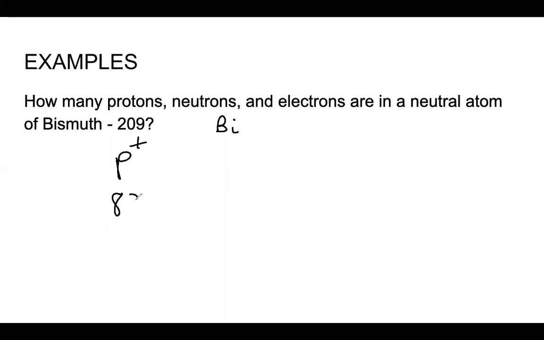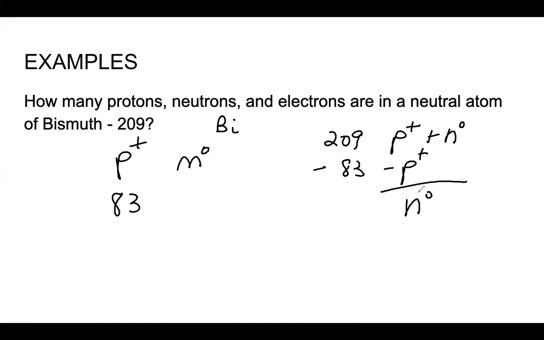We have 83 protons. For the neutrons, this is the mass number, 209. This is the protons plus the neutrons. We just found out the protons were 83. So if we subtract the protons, we will get the neutrons. 209 minus 83 is 126 neutrons.